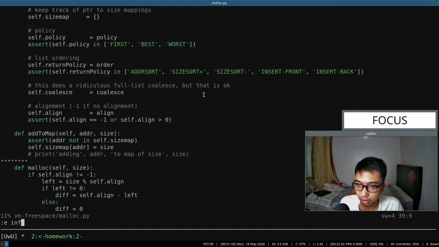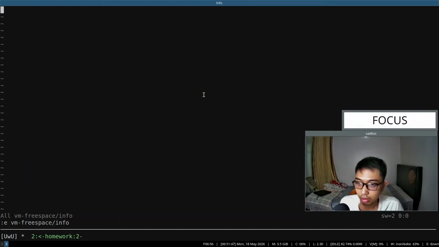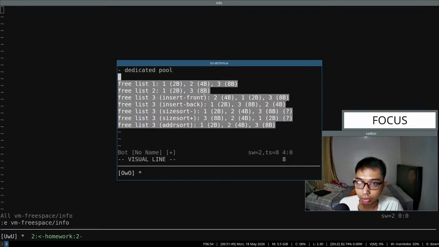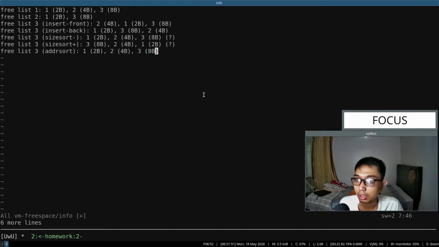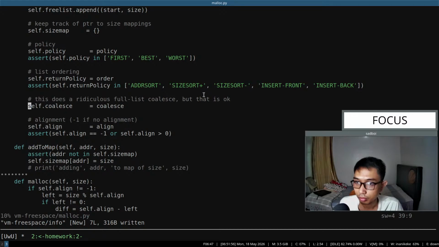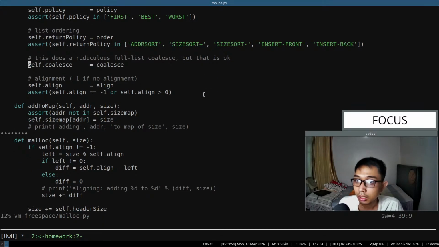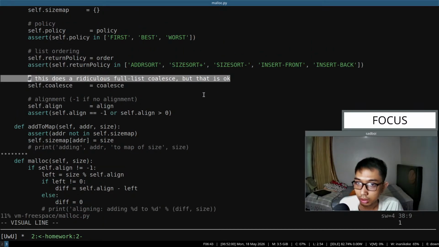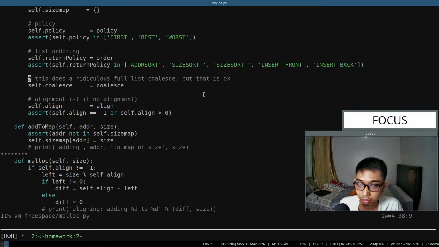Wait, info. Let me put this in here. Okay, this does a ridiculous full list coalesce, but that is okay. Okay, ridiculous, huh?